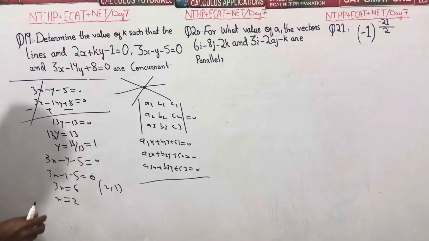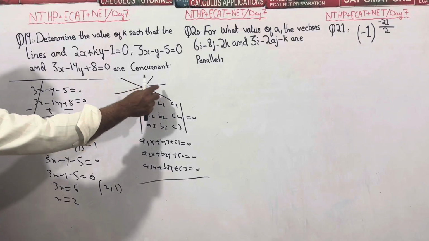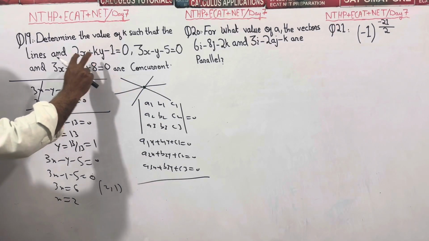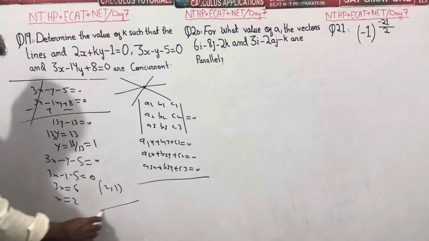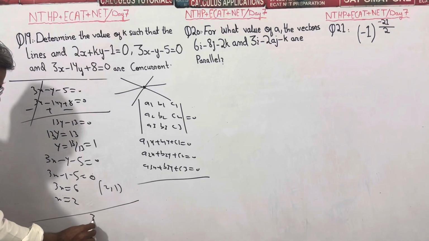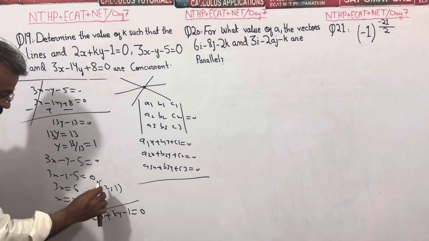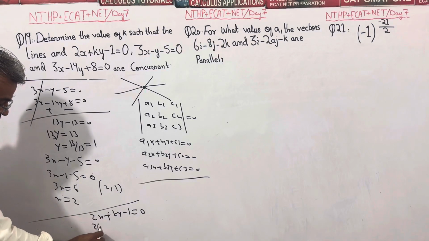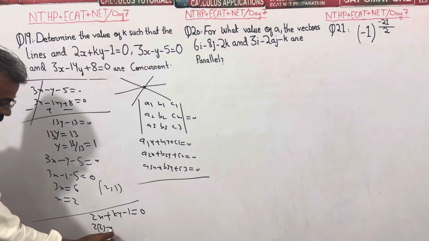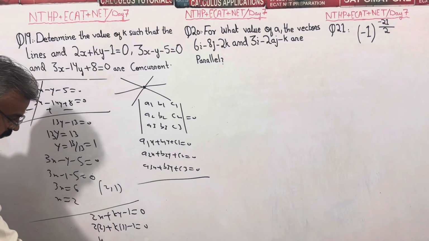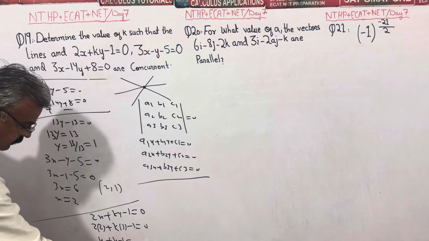We are asked to find the value of k. All three lines meet at the same point, so (2, 1) must satisfy this equation as well: 2x plus ky minus 1 equals 0. Instead of x put 2, and instead of y put 1. So 2 times 2 is 4, plus k minus 1 equals 0.